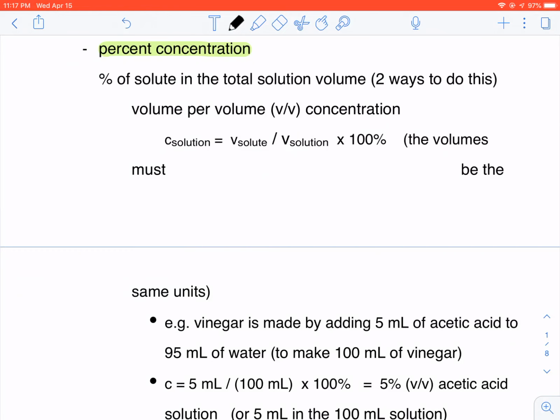So I've got 2 milliliters divided by 100 milliliters of milk, times 100%, and I would get 2% milk. So that's one way to talk about a concentration. And that's usually when we've got a liquid dissolved in another liquid.